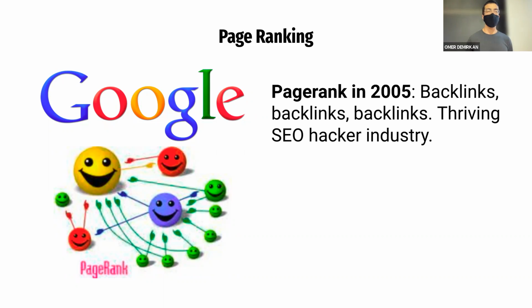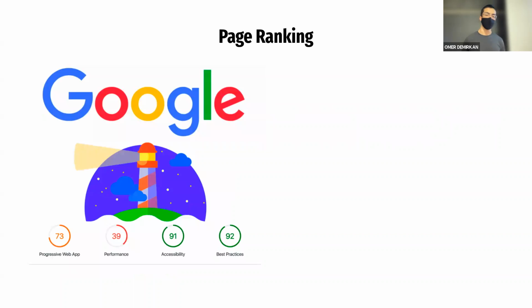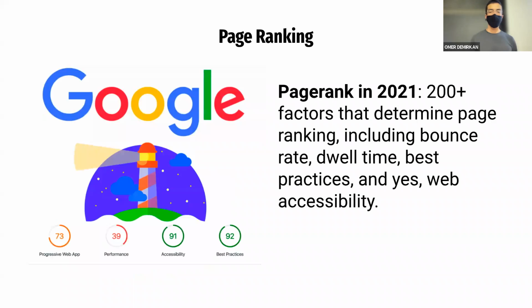But I think a lot has changed since then, partially due to Google deciding to make a browser and collecting a lot more interesting data on user behavior. Now it's a lot more complicated, right? Now we have a lot more factors. I think 200 plus factors that determine a page ranking. These include bounce rate, dwell time, best practices, and web accessibility is actually one of them.